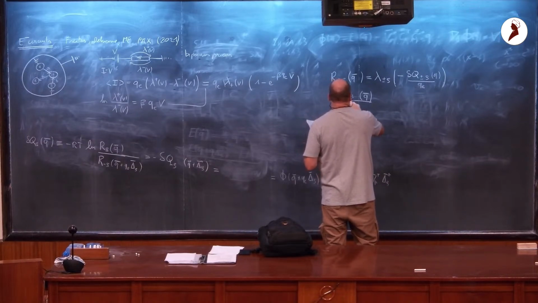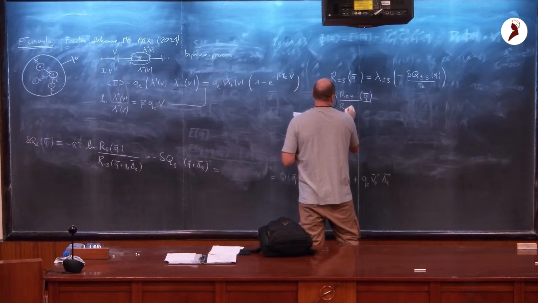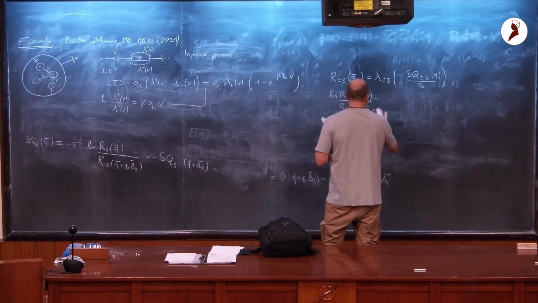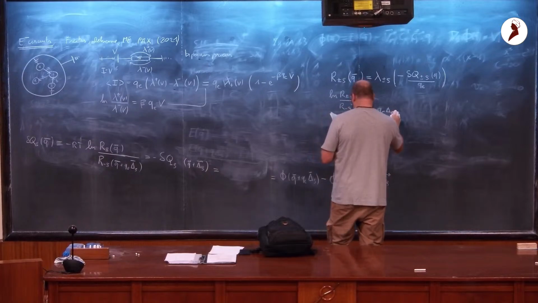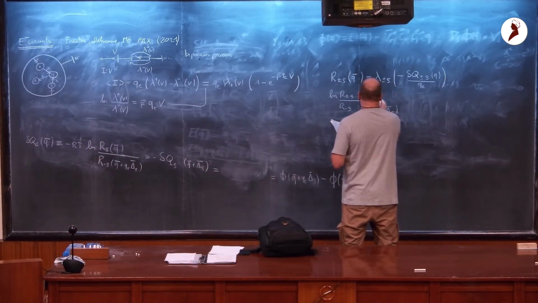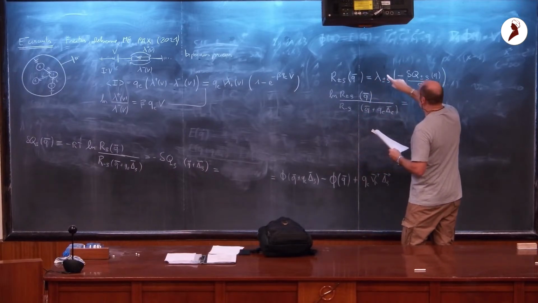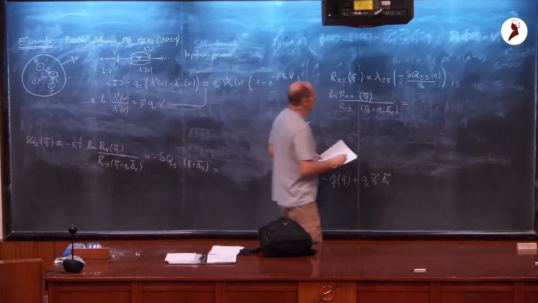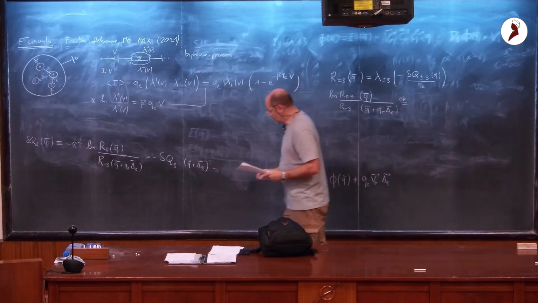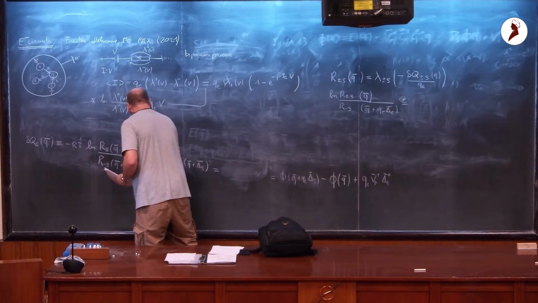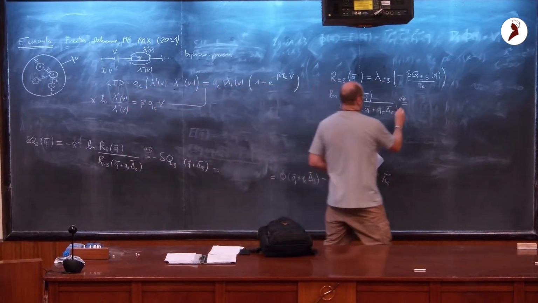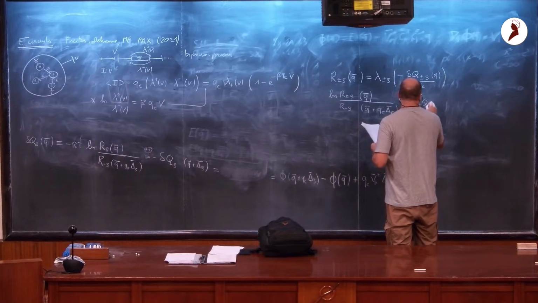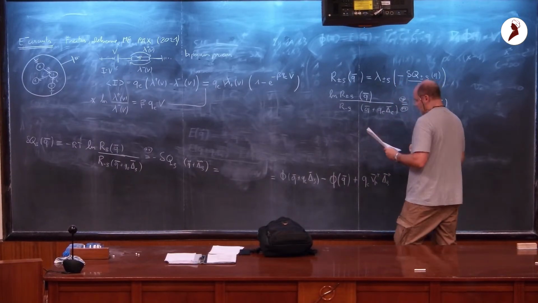Plus divided by minus. So now with those rates, using this property and this property, you can check that you recover delta Q rho of Q. Okay?